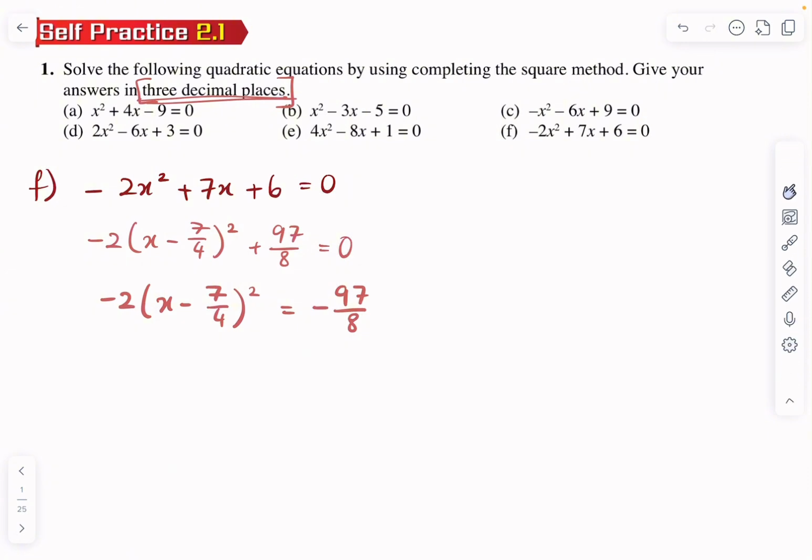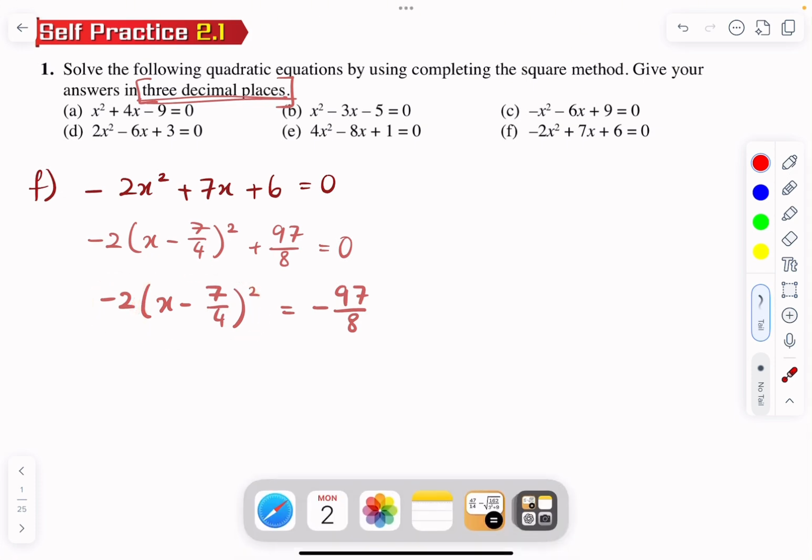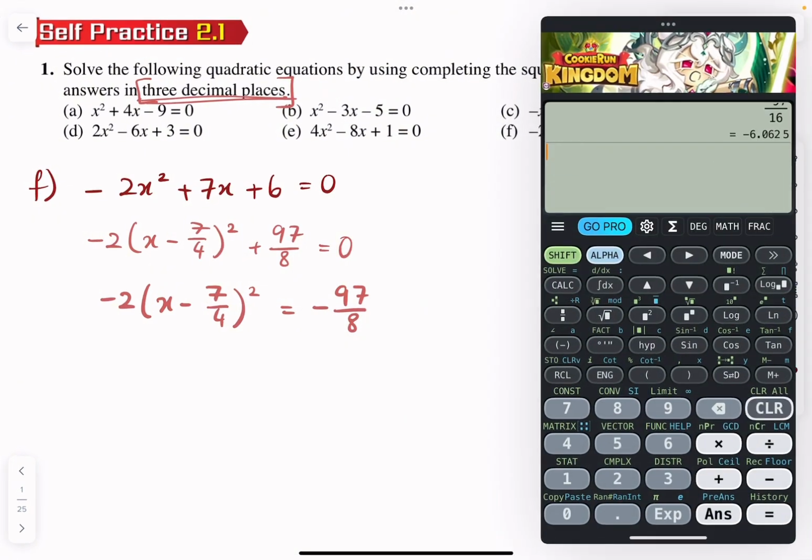Then this negative 2 we can bring over there, become divide, because these two are related by times. So negative 97 over 8 divided by negative 2, we get 97 over 16.